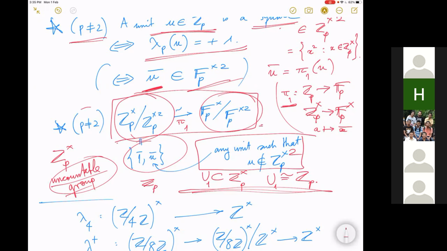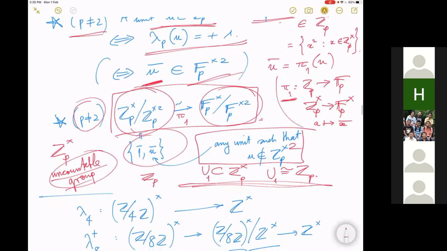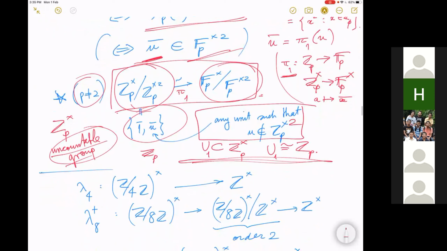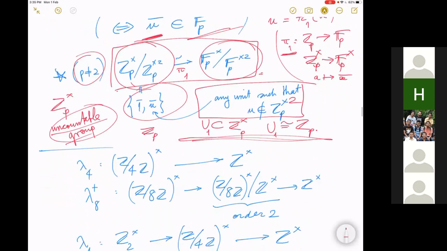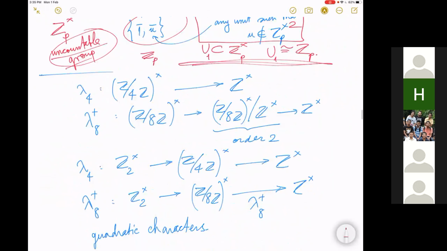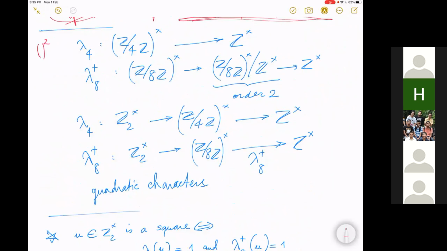Okay, that's what happens when P is different from 2. And let's see what happens for P equal to 2. You expect things to be slightly more complicated for P equal to 2 because we are looking at squares, and squares involve 2 here. When P is different from 2, this 2 and this P are sort of orthogonal to each other. They don't share too many properties, so things don't get complicated.